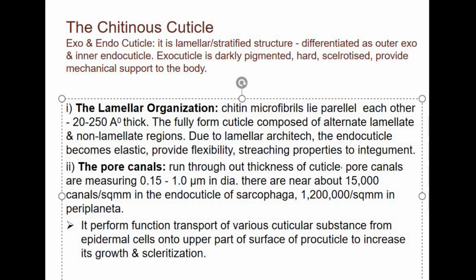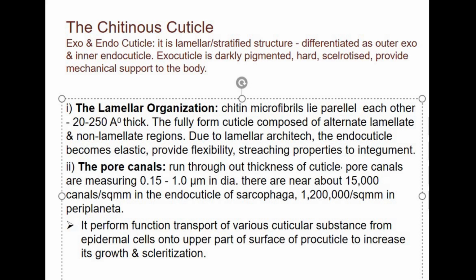There are about 15,000 canals per square mm in the endocuticle of Sarcophaga, which is a fly, whereas there are 1,20,000 per square mm in Periplaneta, the example of a cockroach.